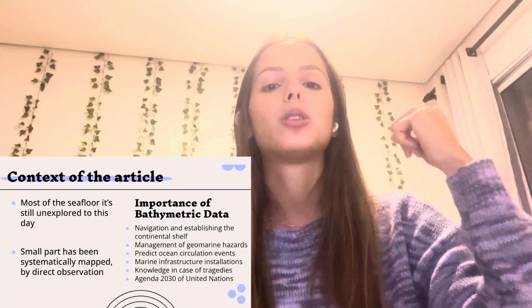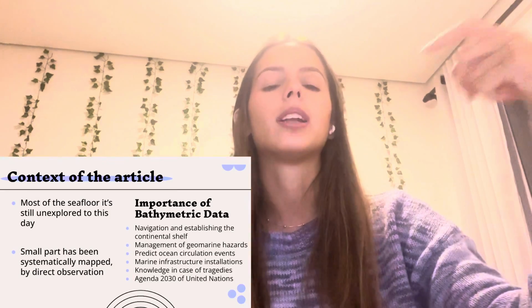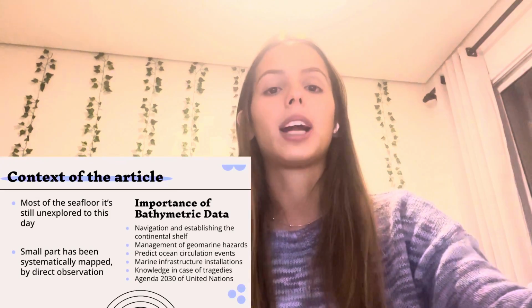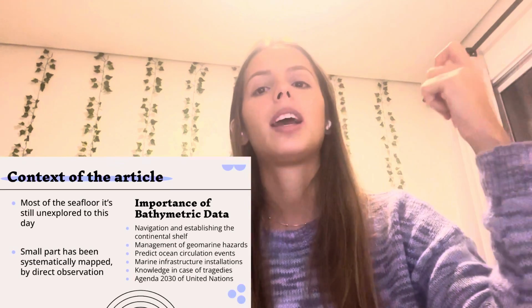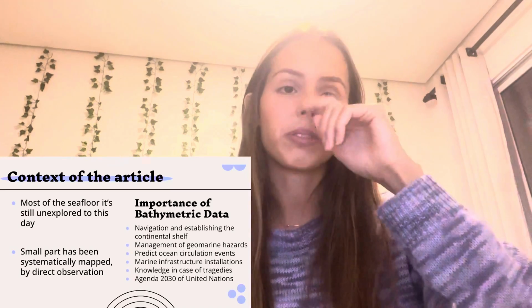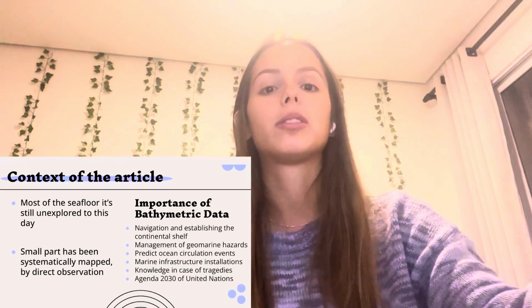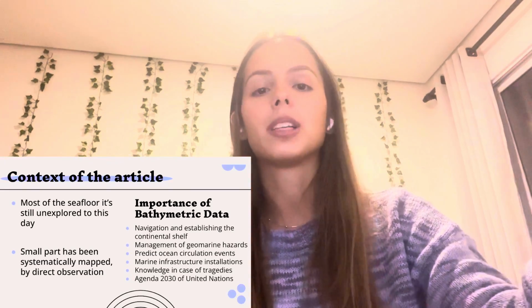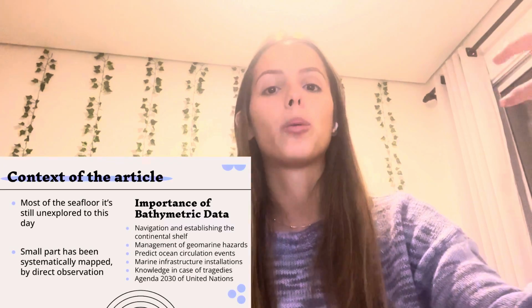It's so important to know more about the ocean and this ecosystem, because it can directly influence important decisions, help with management plans for this environment that is so important for us, and help us manage problems like climate change, for example, that is so present to this day.